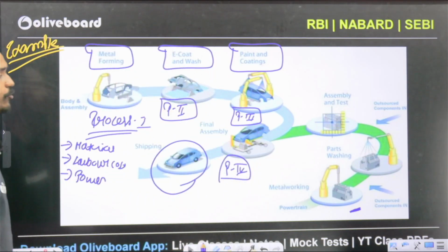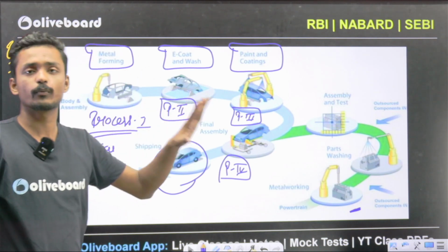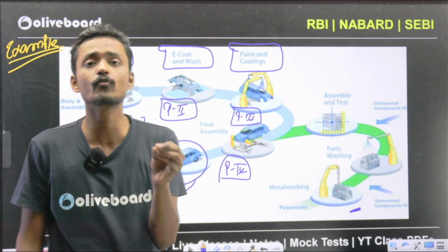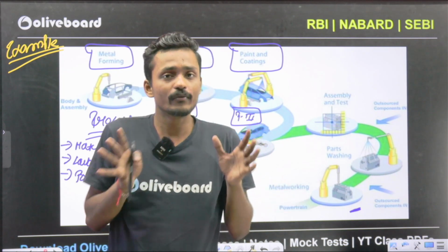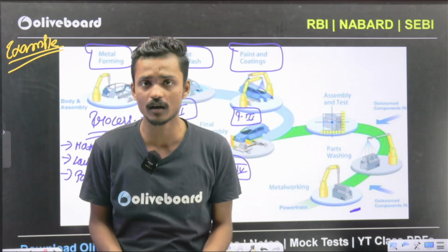I hope right now you are able to understand everything related to process costing and how we will do things. Process costing means what? We have to be prepared with so many accounts.